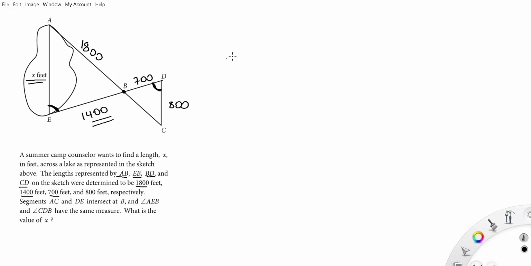So I can say that the proportion of 1,400 to 700 is going to be the same as whatever my x is right here, and the corresponding side for x is 800 right here. Okay, and then I can cross multiply and solve for x.